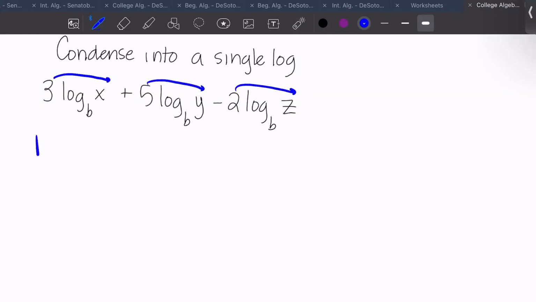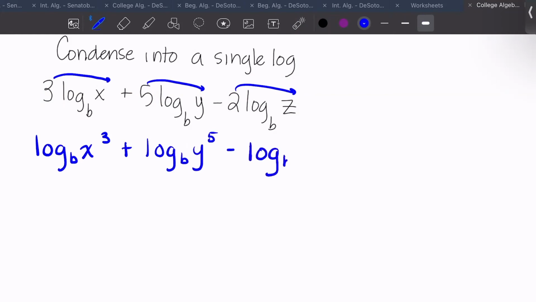So you'll have log base b of x to the 3rd plus log base b of y to the 5th minus log base b of z to the 2nd. Then you have plus and then minus.